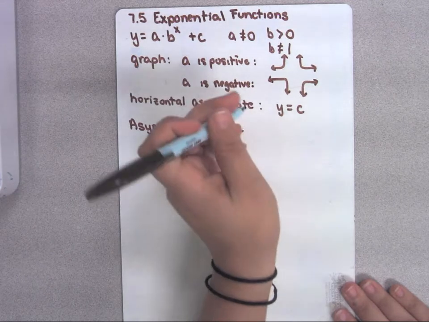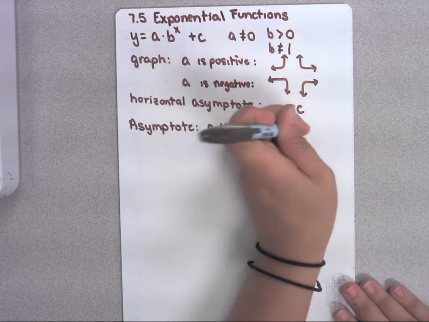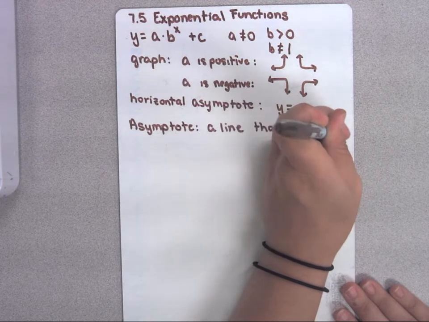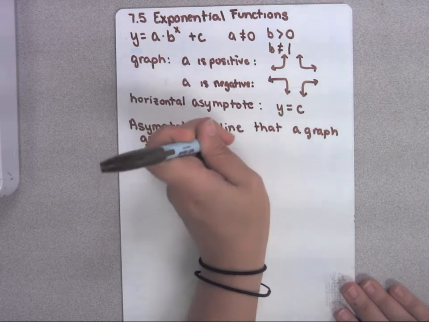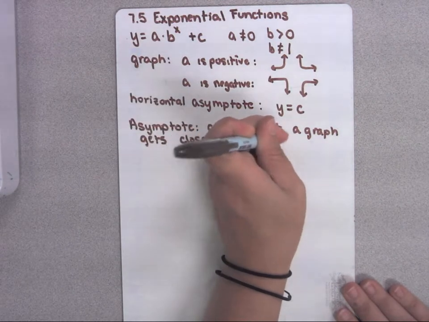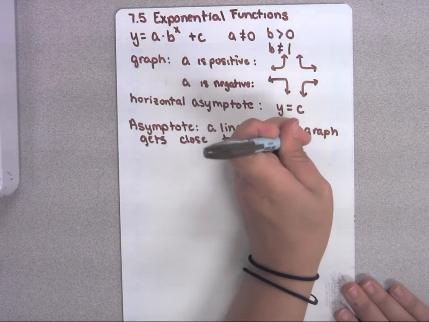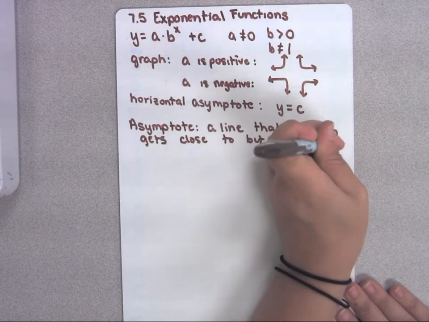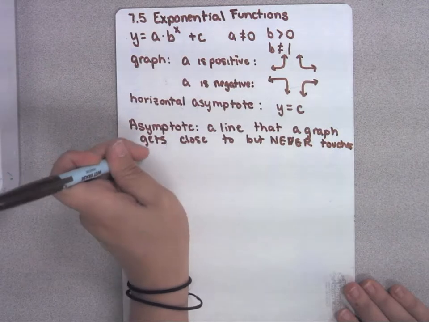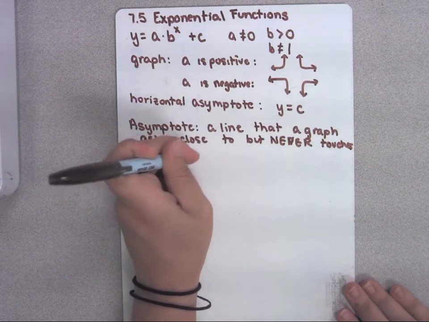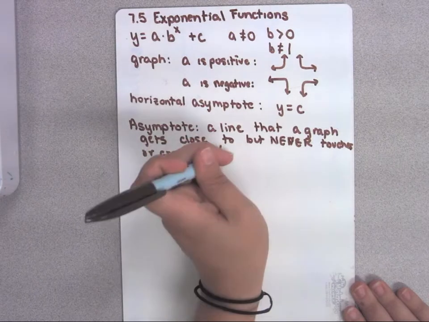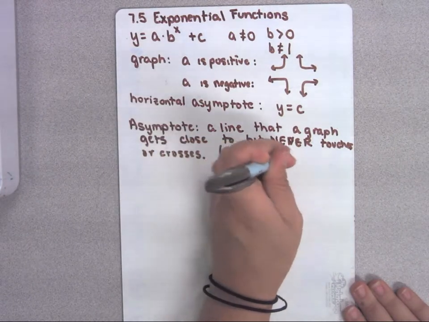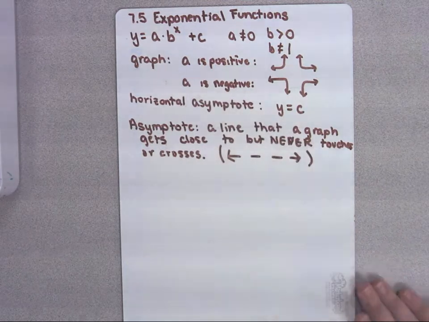It's a line that a graph gets close to but never, I'm capitalizing never, touches or crosses. Okay, for our picture, we always draw, it's horizontal, so it's left to right. We always draw it as a dotted line, left to right. That's how we draw it in our picture.